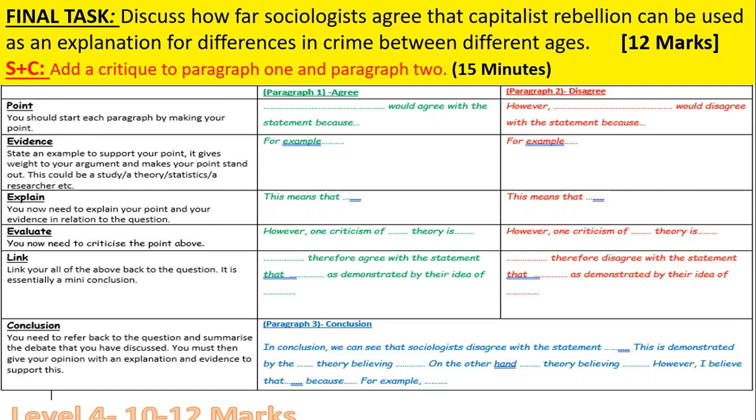So you're going to start with Brake. You might offer a little bit of an alternative there by talking about Paul Willis in paragraph 1 to back it up. Make sure you've got that critique in as well for the Marxists. And for paragraph 2, you can choose between the functionalists, the feminists, and the interactionists with labelling theory, and you might choose 2 of those. Make sure, obviously, you've got examples and you've got a critique in there as well. And then conclude.